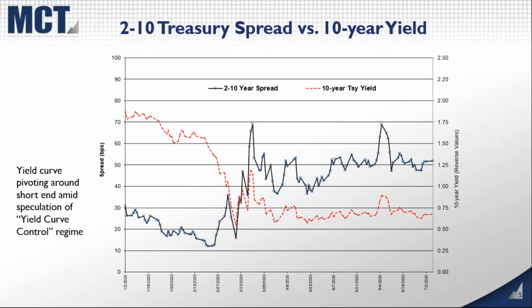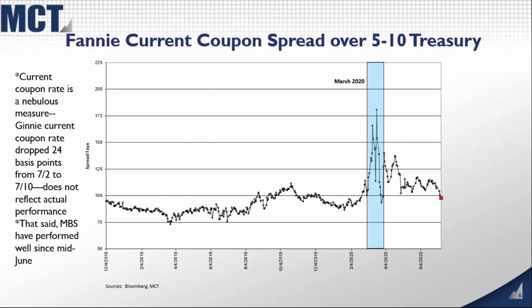It might even go out as far as the 5-year Treasury. So you'd expect the shape of the curve to shift around the longer maturities, while the shorter maturities are probably not going to move a great deal as long as we're in a pandemic economy, if you will.